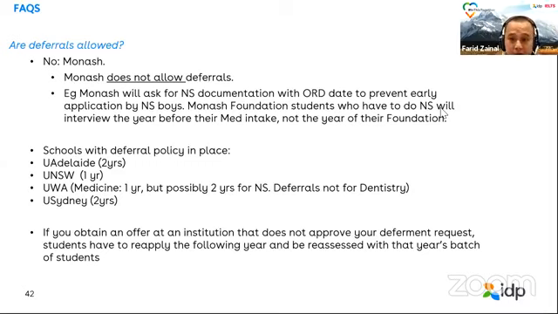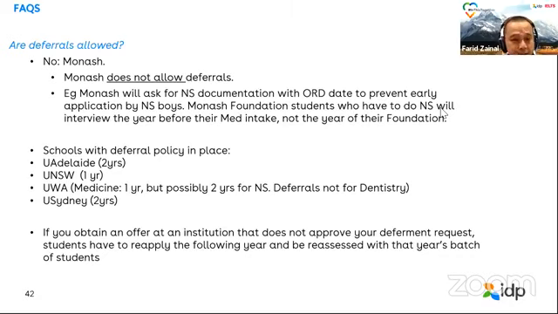Are deferments allowed? Okay, so as you can see, Monash University does not allow deferments. So the NS boys will only commence their Monash applications in the 2nd year of their national service, but do take note of the application deadlines for this particular intake as indicated earlier.